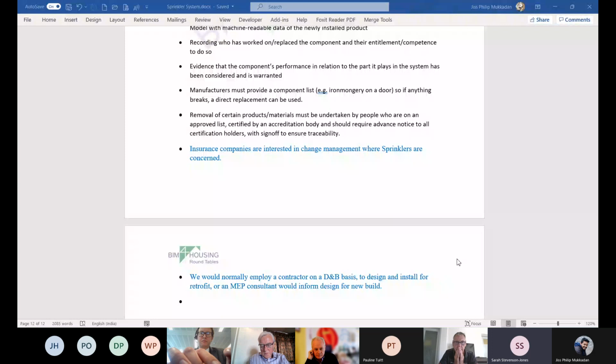So under ADB current version, any new builds over 11 meters are required to have sprinklers. There's no reactive position at the moment around retrofit, though most providers are adopting a position of applying a similar standard across the stock, but that's not being driven by legislation so much.